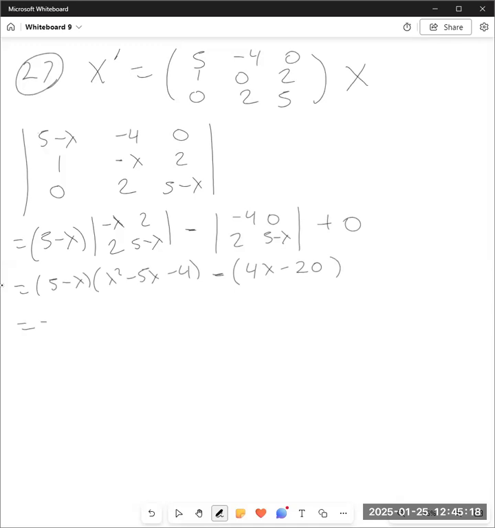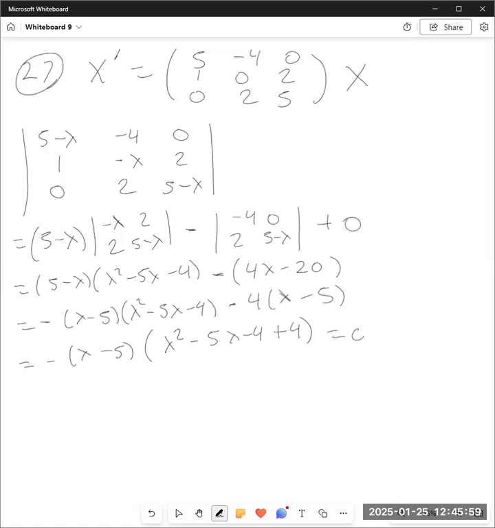So this is going to be negative lambda minus 5 times lambda squared minus 5 lambda minus 4, minus 4 times lambda minus 5. So I'm going to pull out a negative lambda minus 5. When I do that, inside is lambda squared minus 5 lambda minus 4 plus 4. This is all equal to 0.